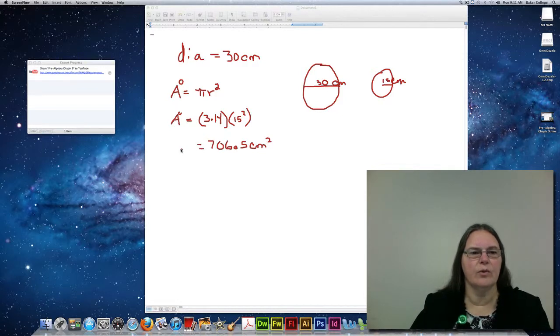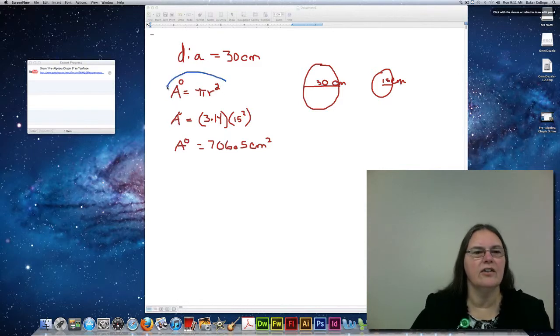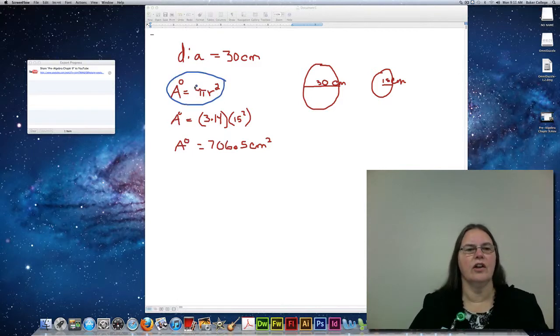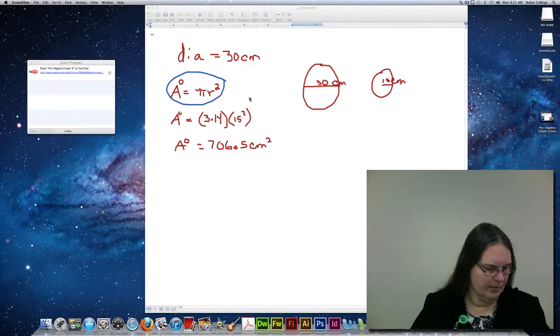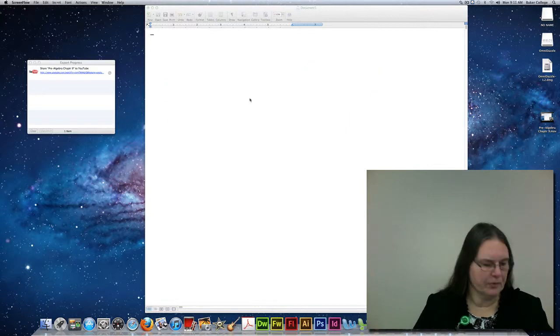So that's what you'll do for that type of problem. The most important thing here is have this in your notes. You have to understand what you're looking for. This is the area of a circle equals the radius squared times pi. And that's one of the examples for the geometry.